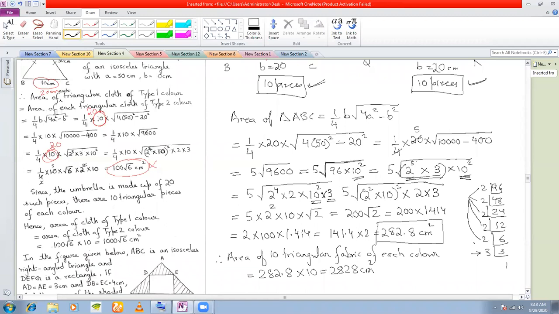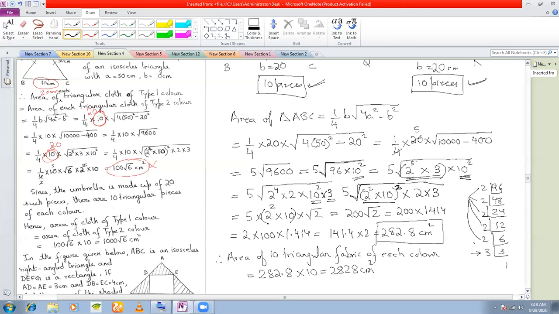Now 2 to the power of 4 into 10 square I have taken together here and written it as a power of 2 because I see there's a square root here. That's why. Okay. So now once I remove the square root, the square root gets removed over 5 into 2 square into 10.